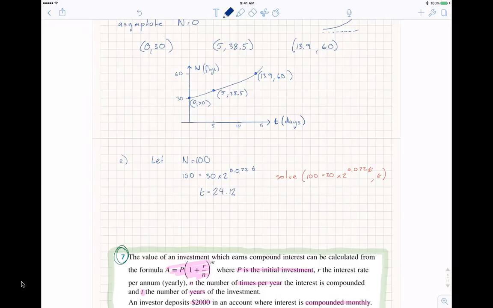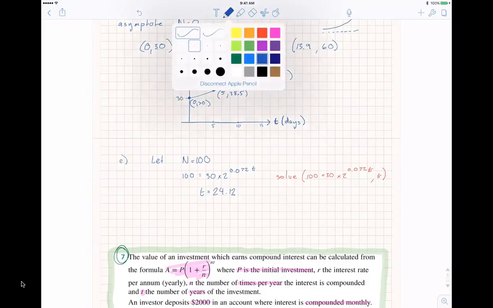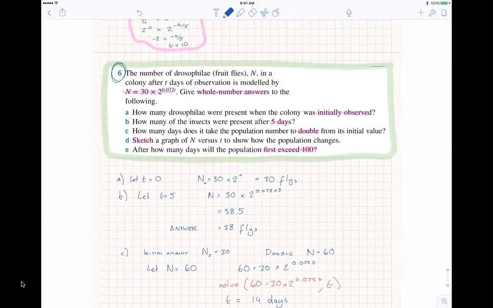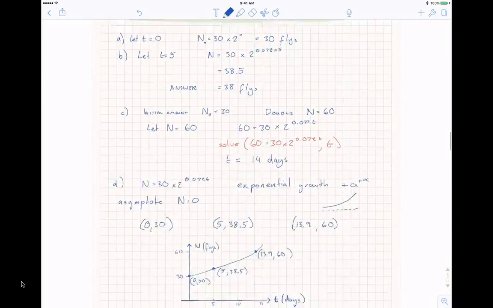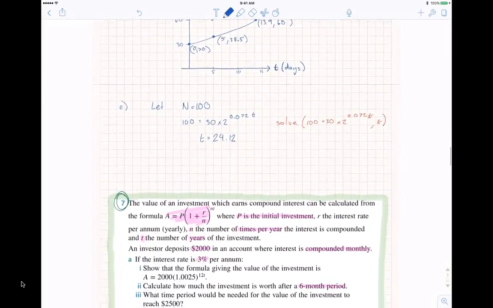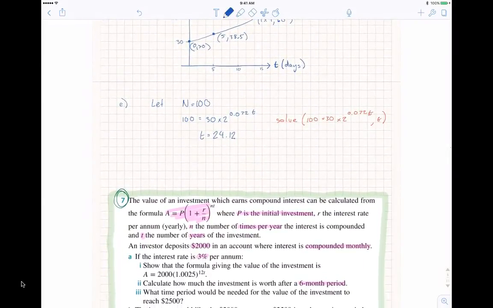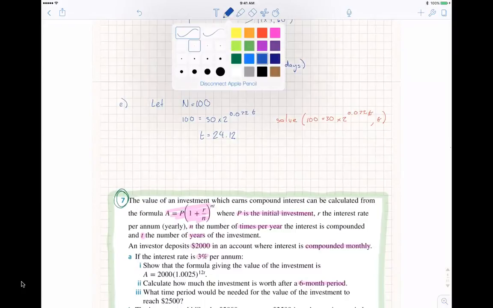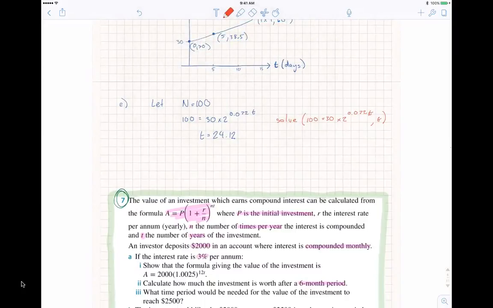Now the question said, after how many days will the population first exceed 100? And we need to round that up.